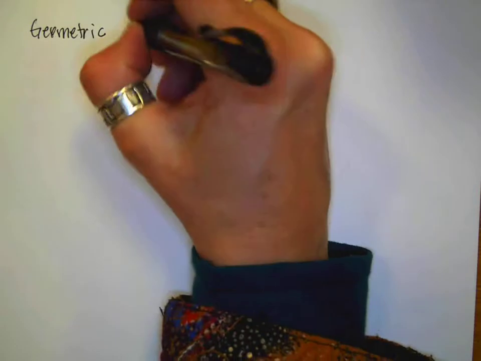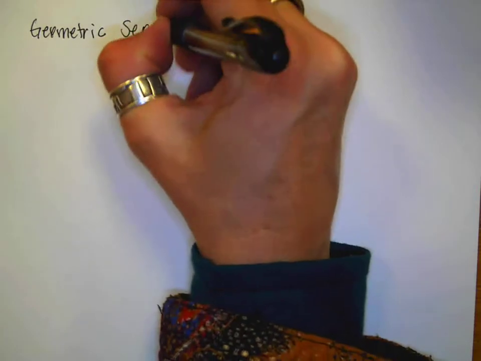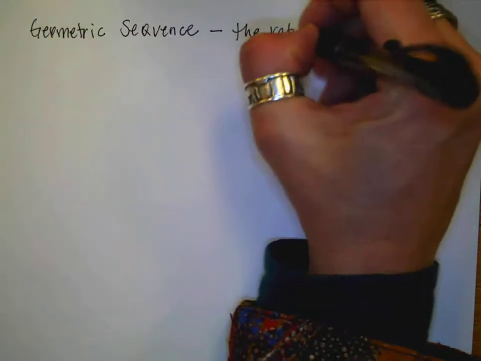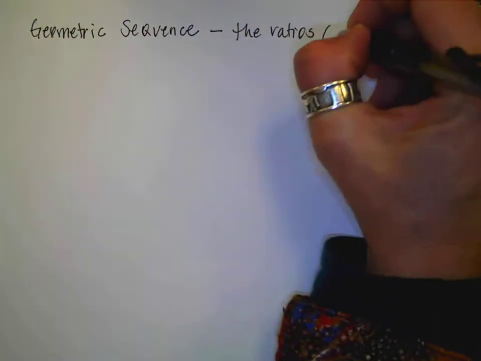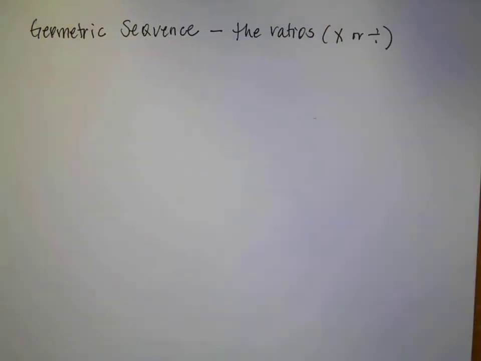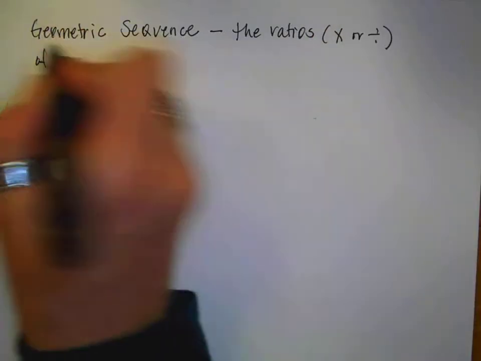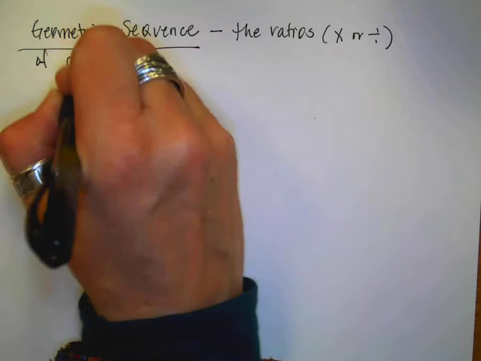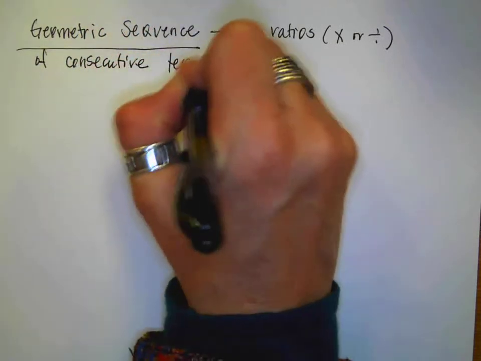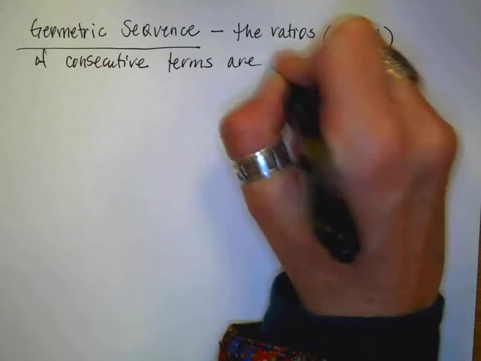So now we're going to switch, and we're going to talk about a geometric sequence. So we just spent some time working with arithmetic. Now we're going to talk about geometric. All right, so this one says the ratios of consecutive terms are the same, and anytime I have a ratio, I am multiplying or dividing.